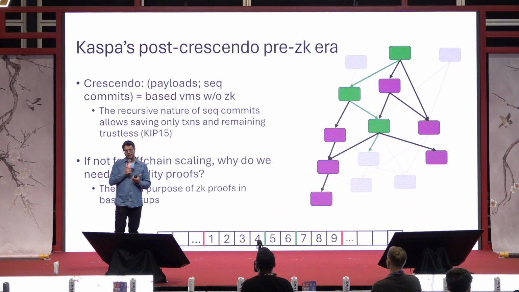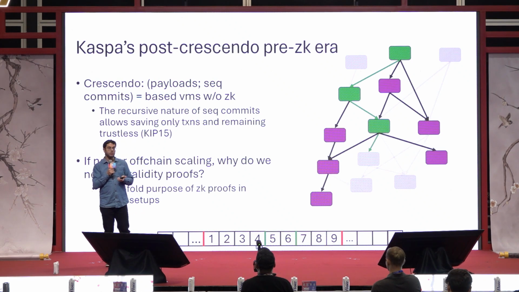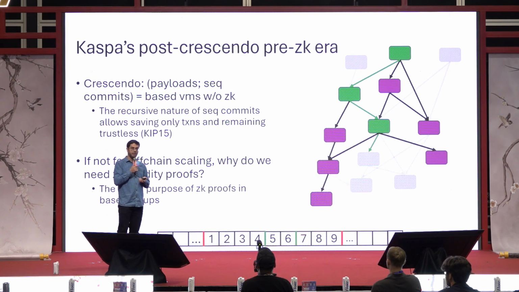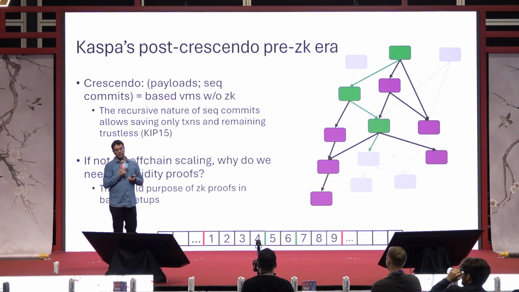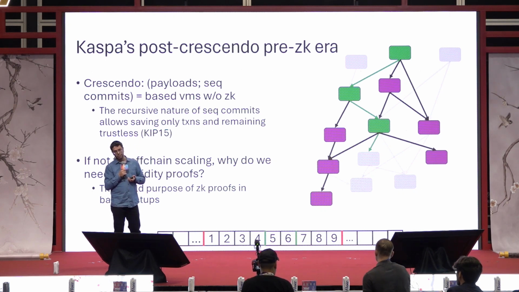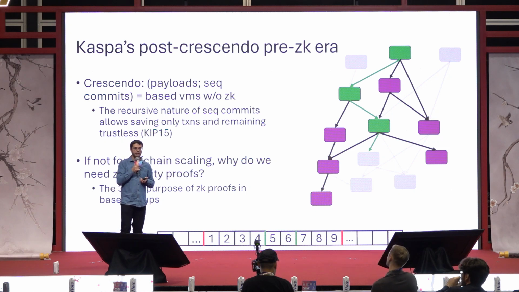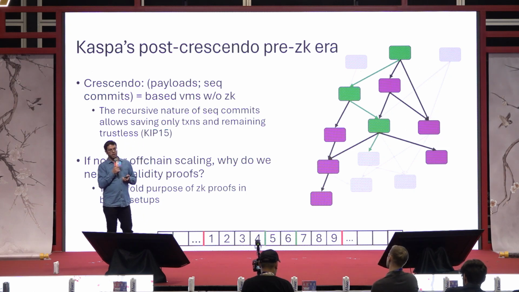So combined, these two elements can be used to create based VMs over Kaspa without zero knowledge settlement yet. So there's no composability and a lot of missing elements, but nonetheless you can actually implement fully supported VMs.